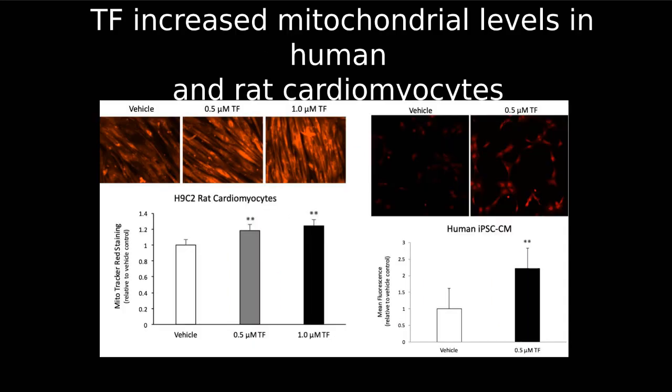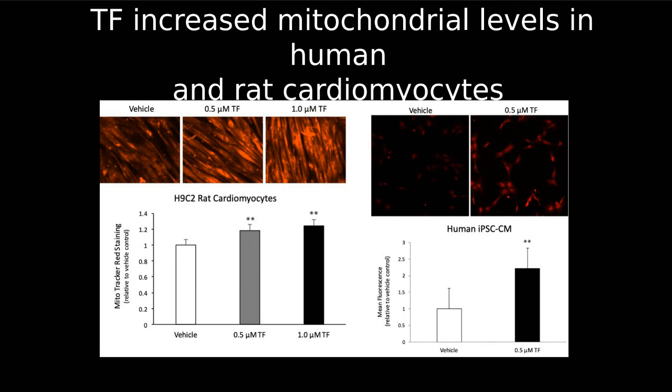Another factor is the number and density of mitochondria. This particular slide is looking at the density of mitochondria in rat cardiomyocytes on the left and human cardiomyocytes on the right, in a very similar trend.